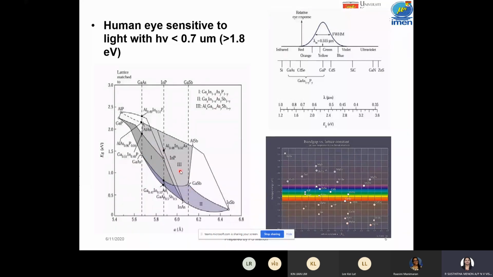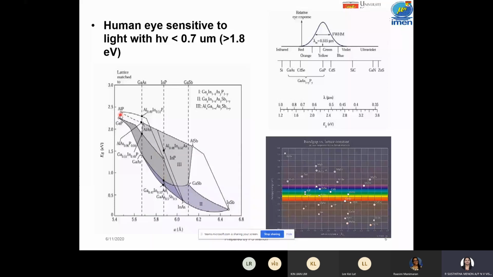This is for gallium indium arsenide phosphide, gallium indium arsenide antimonide, and aluminium gallium arsenide antimonide. By changing the molarity of different materials in the semiconductor, we can tailor the band gap. You can see that the band gap changes.